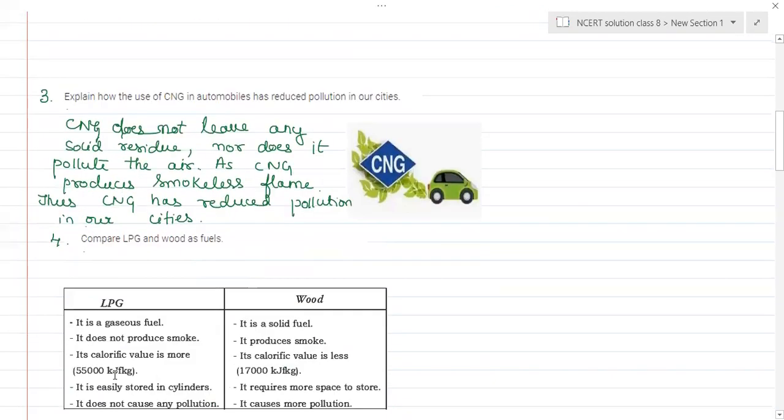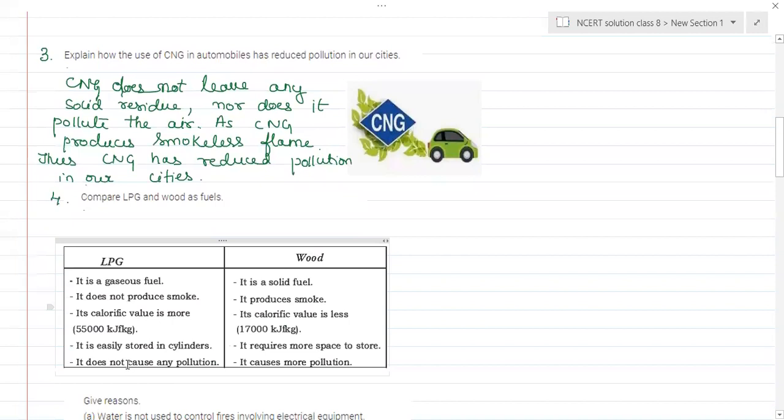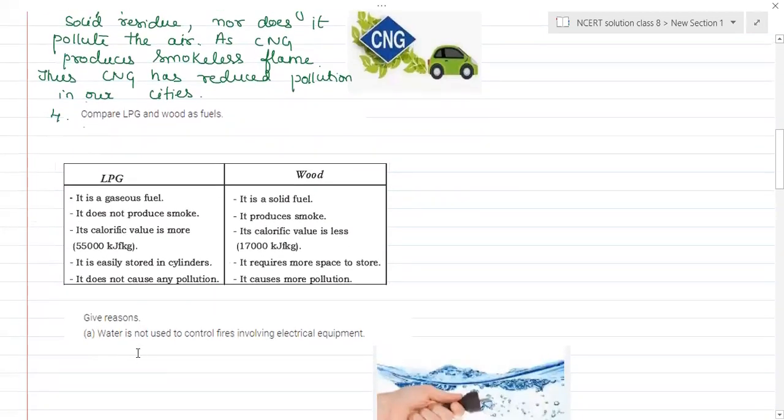Compare LPG and wood as fuel. Now, this is a very big initiative. More and more kitchens are using LPG instead of wood as fuel. So, how is LPG better? LPG is a gaseous fuel. Wood is a solid fuel. Now that means the calorific value of LPG is much higher, right? LPG does not produce smoke and wood produces smoke.